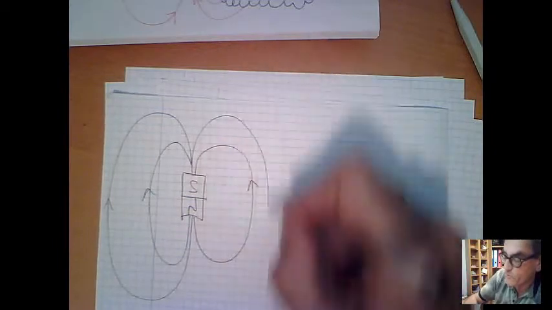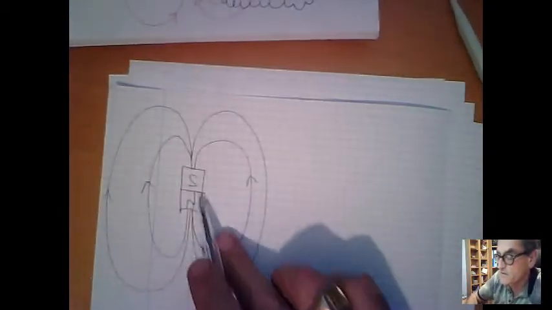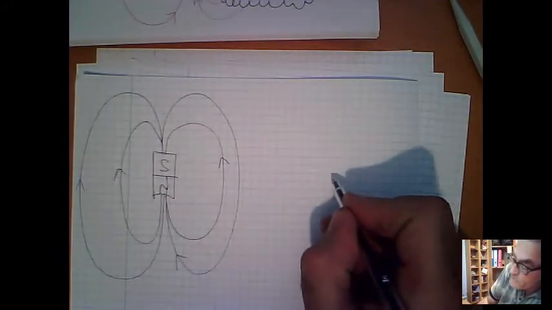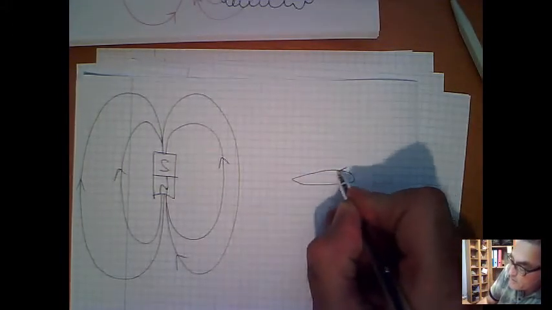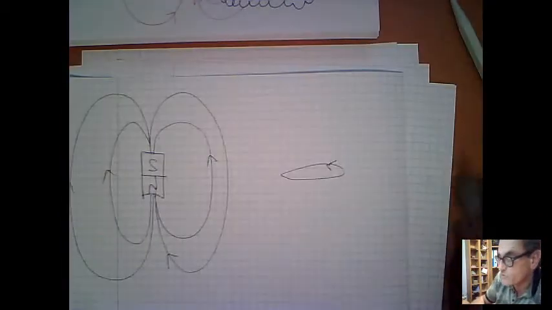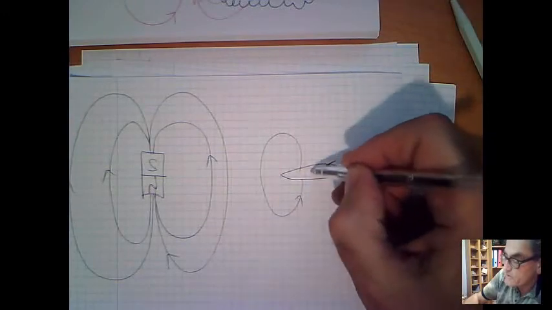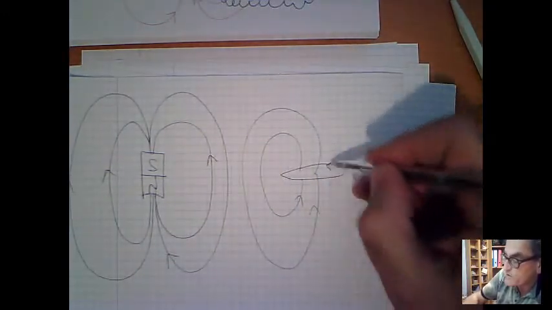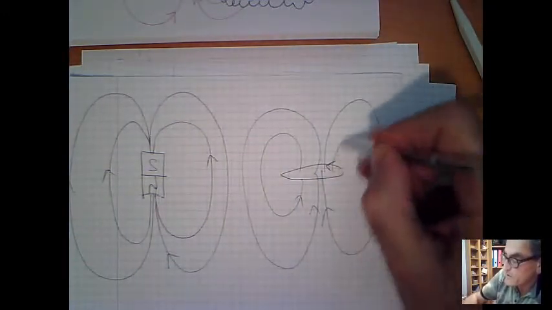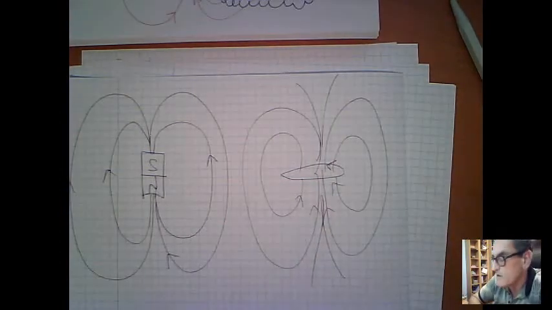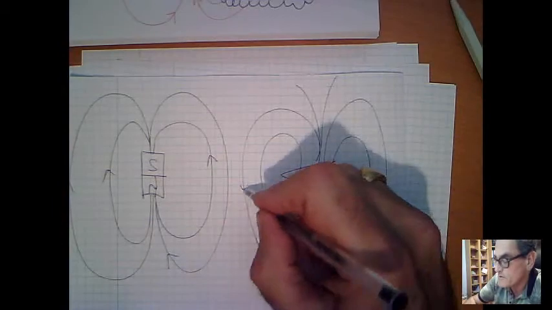This is the magnetic field of a magnet. Now, what if I take the magnetic field of a current? Here I have the same current that I was drawing before. Well, here too, you are going to have a magnetic field which has this shape, and the magnetic field lines close outside the ring.